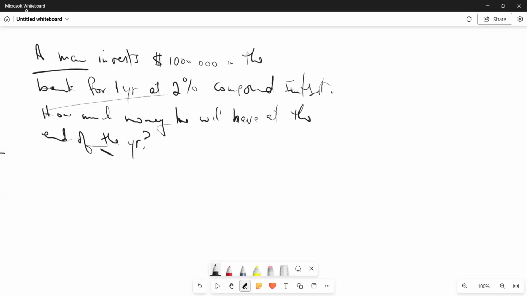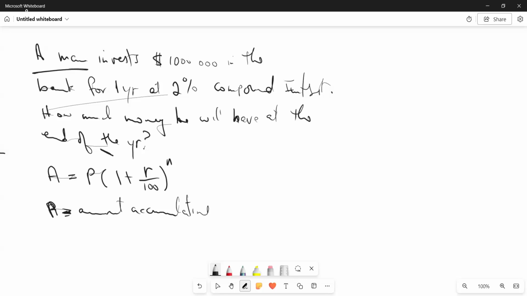And that's a question. So maybe you do a little research and there's a formula that the amount of money that will accumulate when you invest money at compound interest is given by A equals P bracket 1 plus R over 100 to the n power, where A is the amount accumulating, P is the amount invested, R is the rate of interest, and n is the time in years, right?